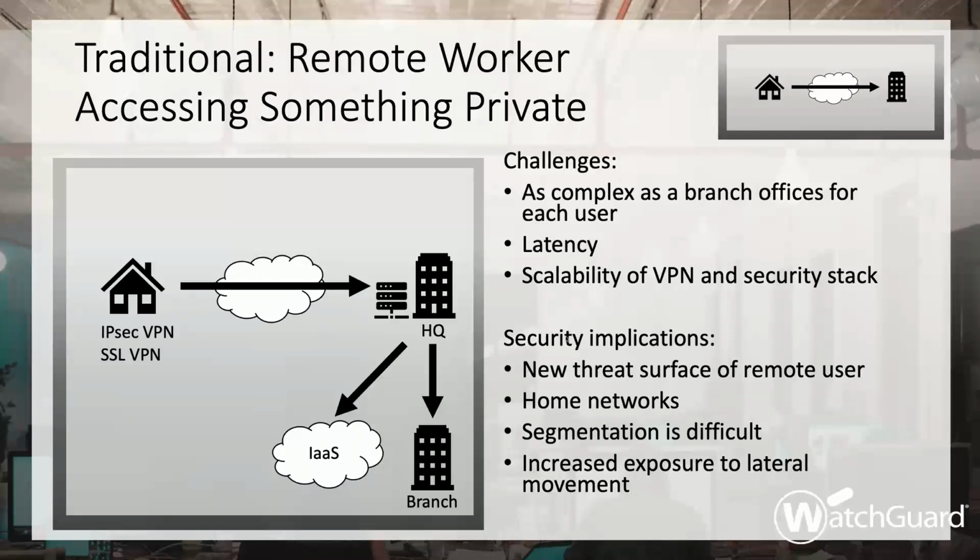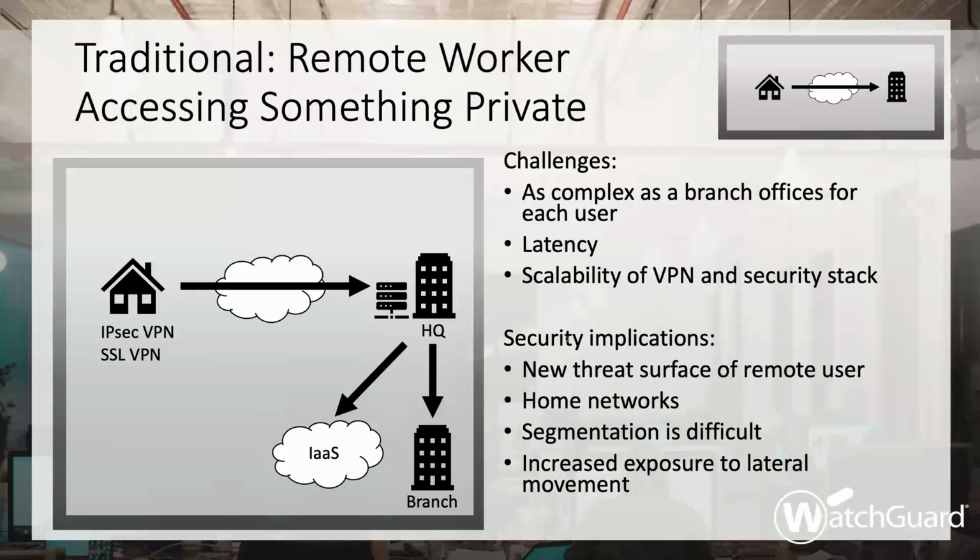And I think about the security implications here. As soon as I start talking about a home user, I'm opening myself up to all sorts of new threat vectors. My threat surface is dramatically increased. I'm worried now not just about that user at home, but what's going on in that home network. That home network is a very hostile environment. Segmenting is nearly impossible in some of these cases.